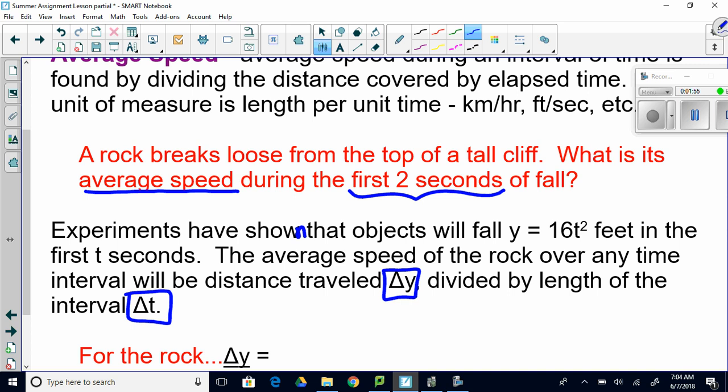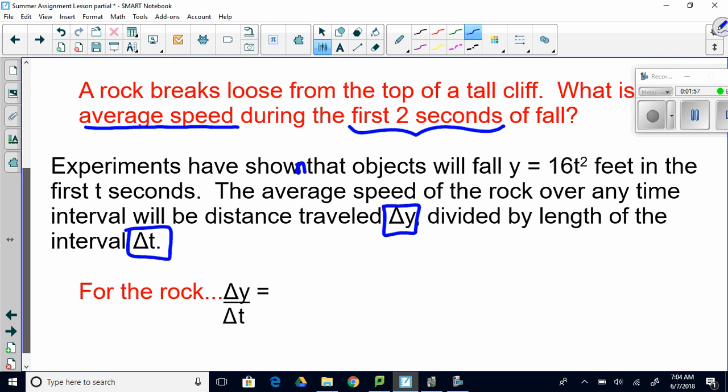So what we have to basically figure out is how far this rock has fallen over the 2 seconds. So we need 2 pieces of information. Where did the rock start? And where did the rock end up? So at 0, if we plug 0 in, we know that it has fallen 0 feet.